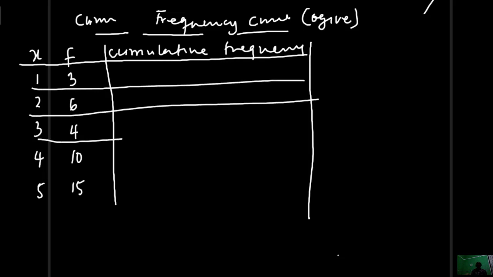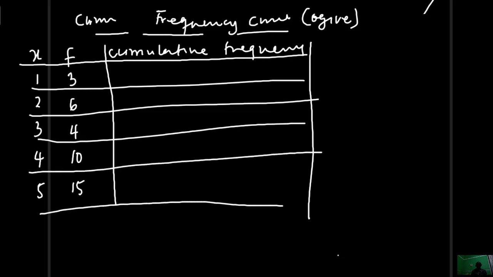So let's compute the cumulative frequency before we can draw our graph. The first frequency will be the first cumulative frequency. Then this one will migrate to meet this, making 9. Now migrate to meet this one, making 13. 13 also migrates to meet 10, making 23. 23 will migrate to meet 15, which will be 38.